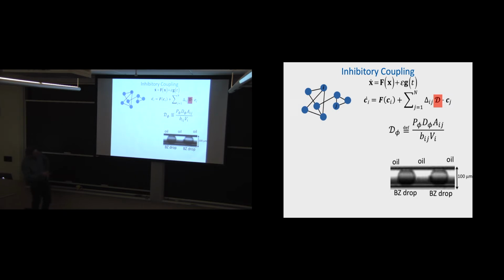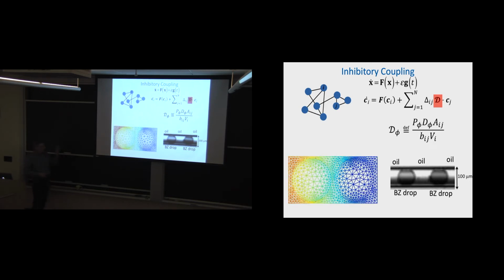now let's take a look at the contribution of this neighbor on this neighbor. So here we have a capillary, like a 100 micron diameter glass capillary. We have a drop of the BZ here, a drop of the BZ here, fluorinated oil in between. And so every time this one oscillates, it sends out an inhibitor to this one, and vice versa.